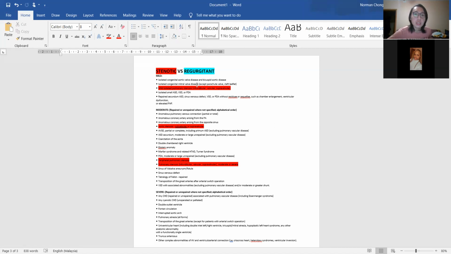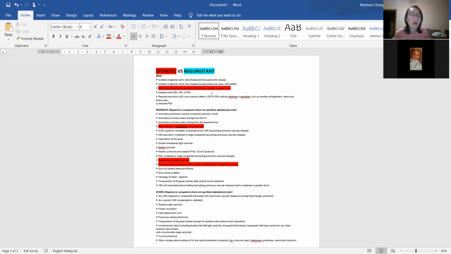Second, you see that in this list, only stenotic congenital heart diseases are highlighted. Where are regurgitant heart diseases? Where is mitral valve prolapse? Where is pulmonary insufficiency? Where is aortic insufficiency, mitral insufficiency, tricuspid insufficiency? Where is it in the list? It's not in the list.